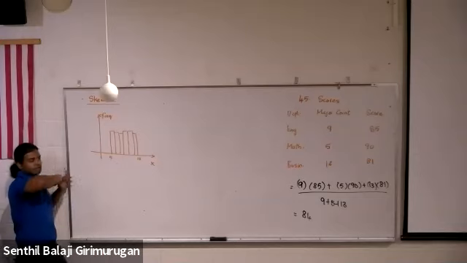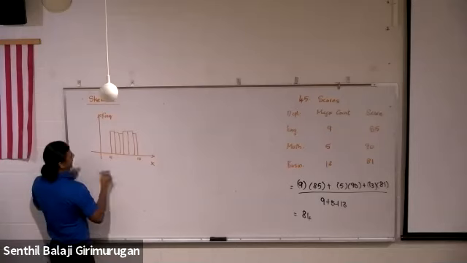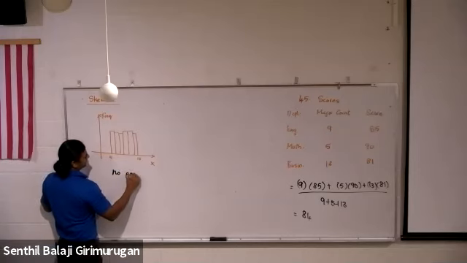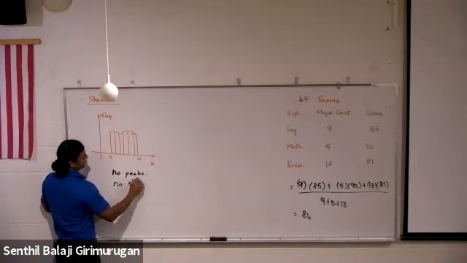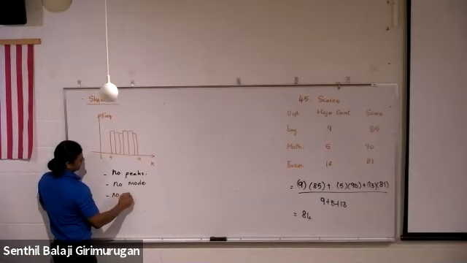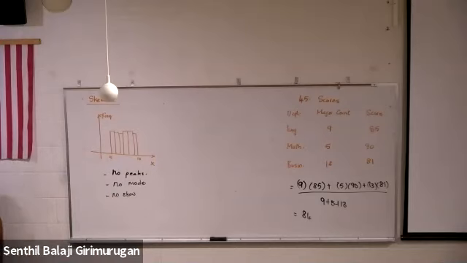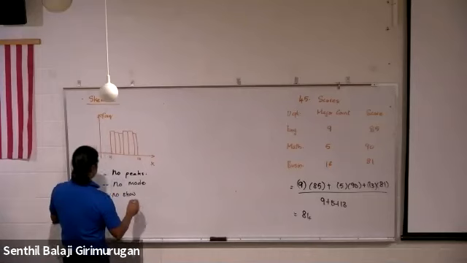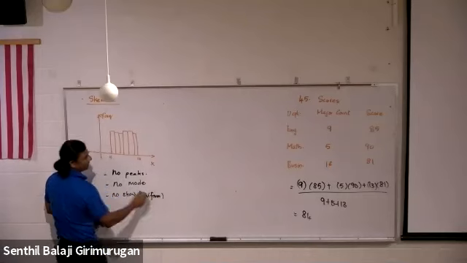A mode is where you have a dominant peak, so no peaks found. So no mode, no skew. It's just uniform everywhere. This is what we call a uniform histogram.